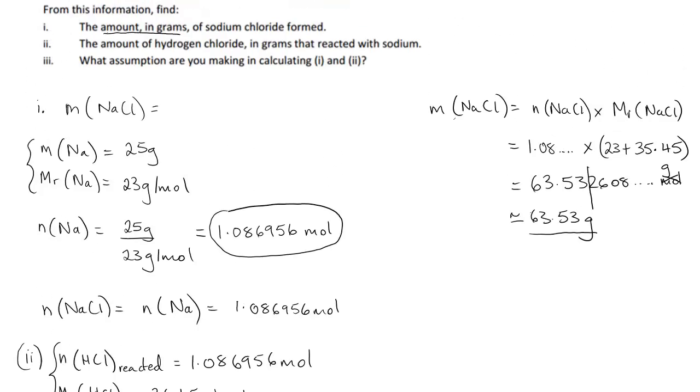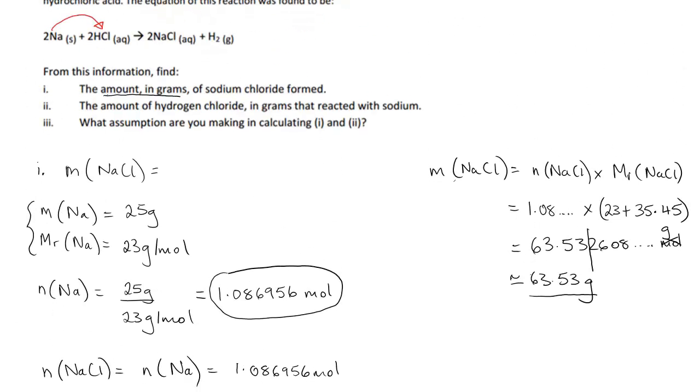If you look at the next question, it says, what assumptions are you making in calculating question 1 and 2? Generally, when you're using stoichiometry, like using sodium to predict how much sodium chloride is made, you're assuming 100% efficiency. Also, if you're trying to find hydrochloric acid from sodium information, you're assuming that the reaction proceeds forward completely and that all of the sodium is reacted.